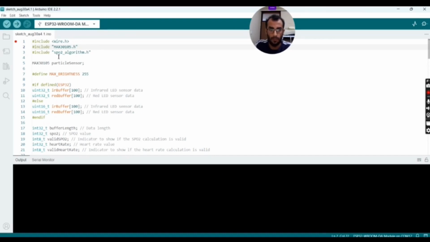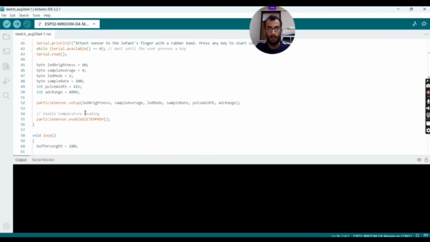So I'm going to explain the working flow of the code. We are using the ESP32. Our code allows the user to input the age of the infant or baby, so that the measurement would be different from stage to stage for babies.